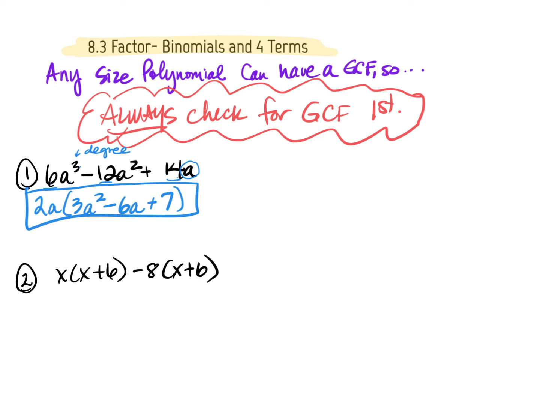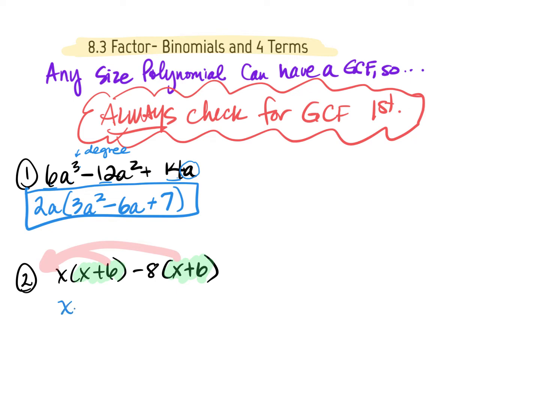But I want you to look at number 2. It's very different. Notice it's got x times x plus 6 minus 8 times x plus 6. This is a very different kind of GCF question, but I want you to see that they have x plus 6 in common. Do you see that? So in this way, we're going to take out that x plus 6 as our GCF.